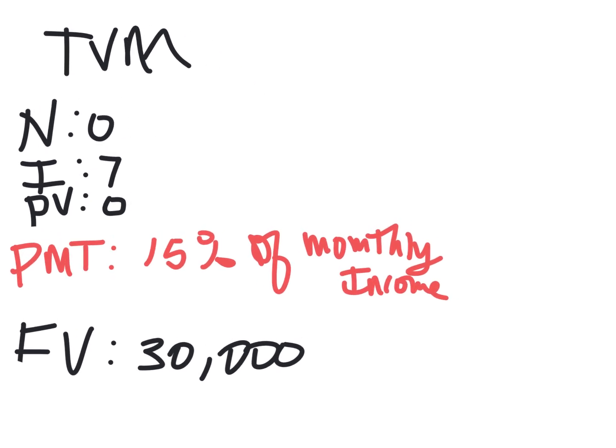So do you get that some of you are going to make a lot of money per month and you'll be able to save more? Others of you are going to be like teachers and you'll make less. And you'll get 15% of that you can save. And it'll take you longer to save for your car.